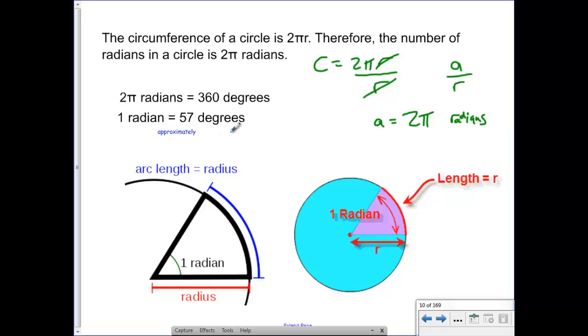So here's what that means. 2 pi worth of radians is 360 degrees. So if you then were to take 360 and divide by 2 pi, in brackets by the way, you'd get about 57 degrees for what this perfect piece of pie has. If you did 360 divided by 2 pi, you should get 57-ish.